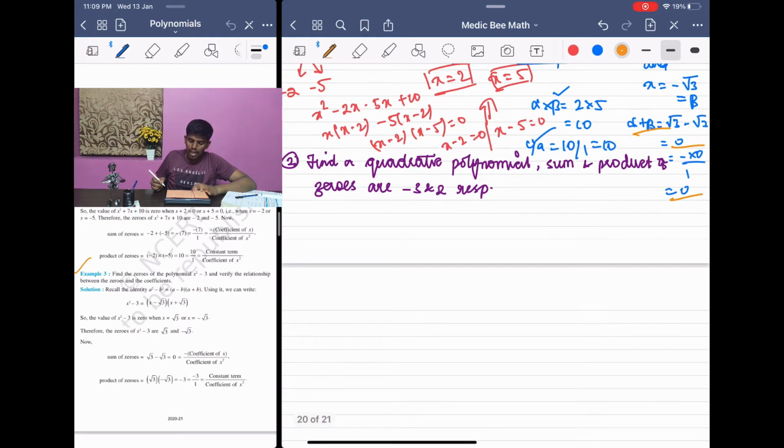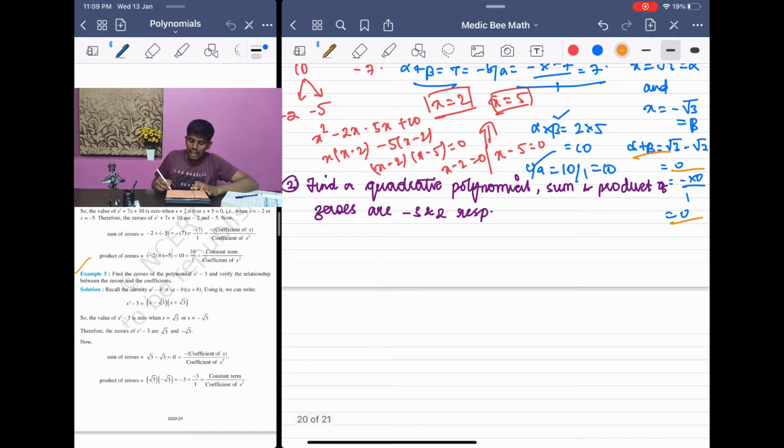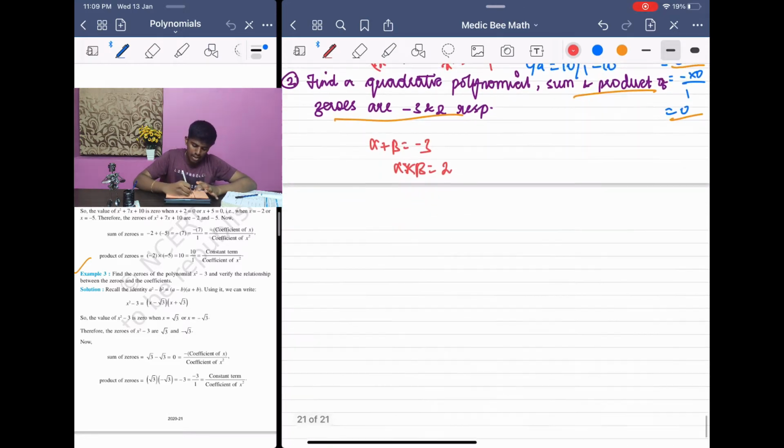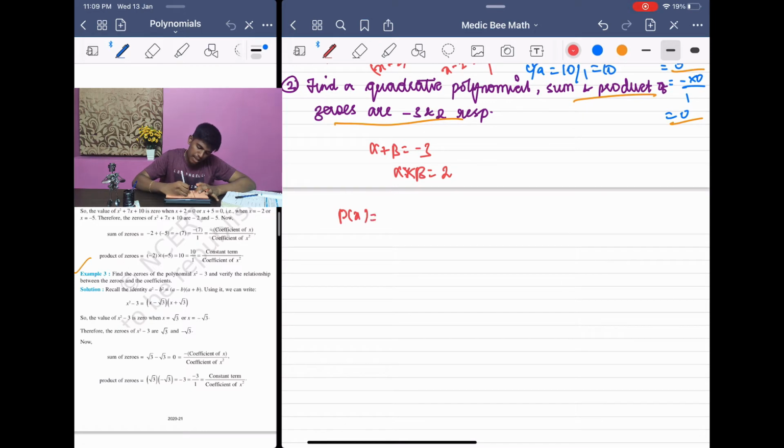Next, find a quadratic polynomial where the sum and product of the zeros are given as -3 and 2. That is, alpha plus beta is -3 and alpha times beta is 2. As I already said, a polynomial will be of the form k into x squared minus alpha plus beta into x plus alpha beta.